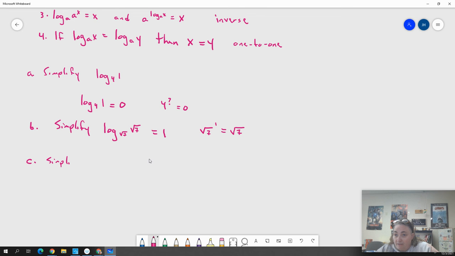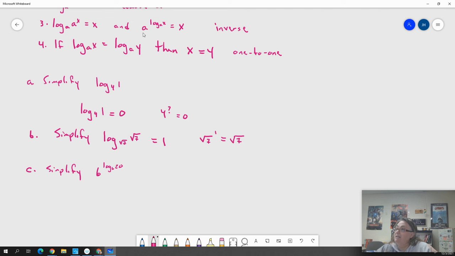Simplify 6 raised to the power of log base 6 of 20. So if we look up here, right? Here I have a log base A of x. Well, that's the same thing we have here, right?